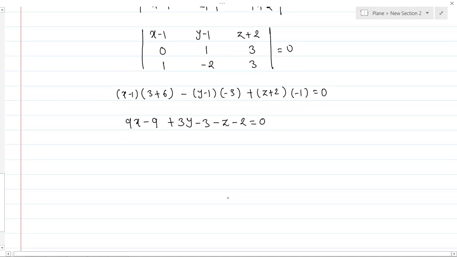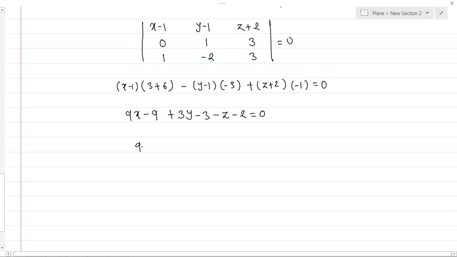Let's rewrite in standard form. So we have 9x plus 3y minus z, minus 9 minus 3 minus 2 becomes minus 14, equals 0. So the standard equation is 9x plus 3y minus z equals 14. This is the Cartesian equation of the plane.